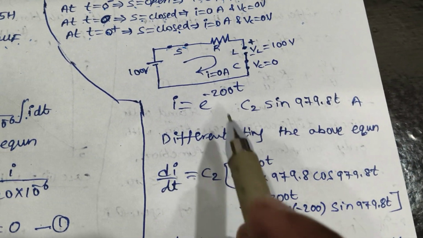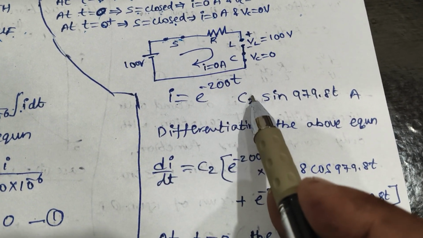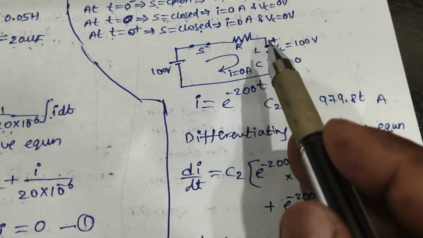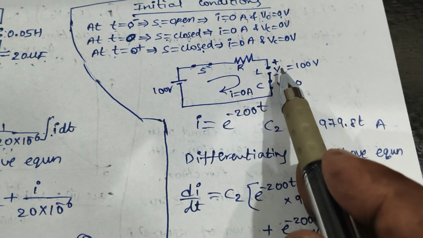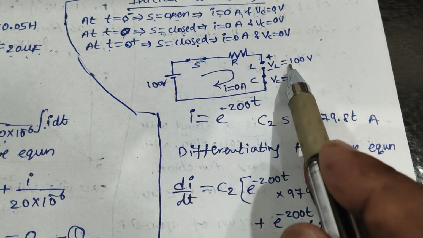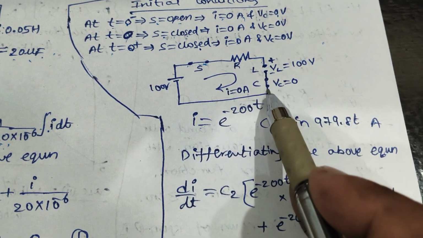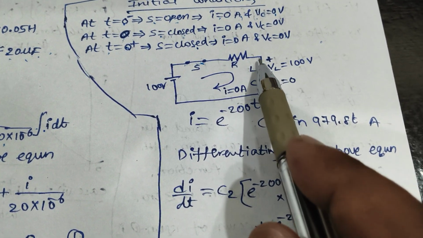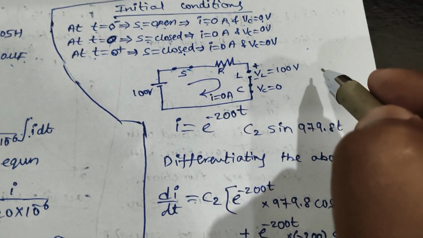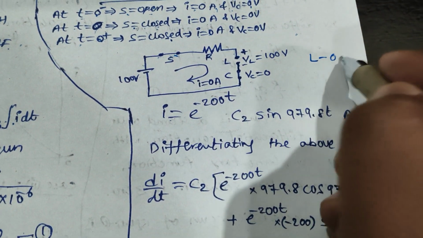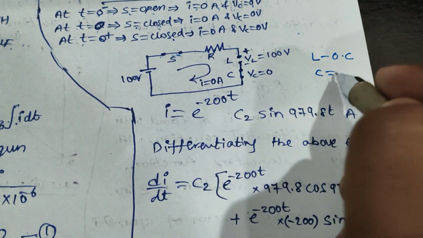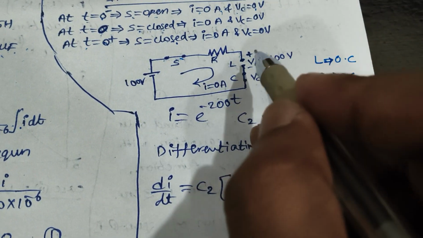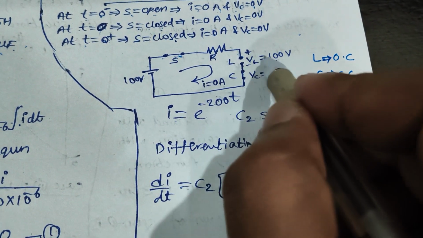Again, if I want to find this C2 arbitrary constant, I need to use another condition. From the initial conditions, I got the voltage across the inductance is equal to 100. By short circuiting the capacitance and open circuiting the inductor, because the inductor will act like an open circuit and the capacitor like a short circuit in transient, the inductor voltage VL is equal to 100 volts, right?